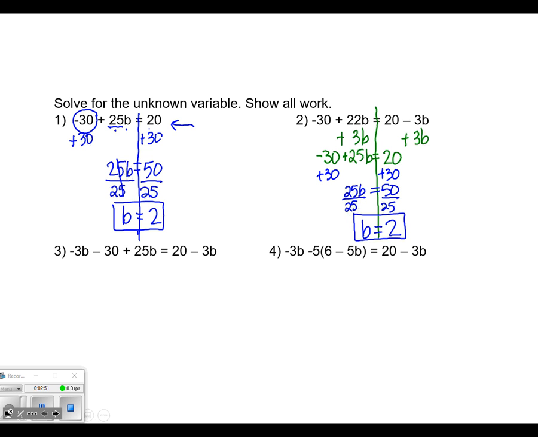Okay, next one. Negative 3b minus 30 plus 25b equals 20 minus 3b. Looks like I've got some like terms I need to combine here. So, here's a variable term, here's a constant term, here's a variable term, constant term, and variable term.